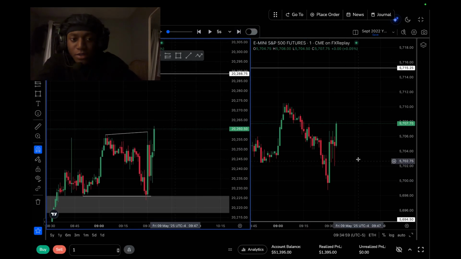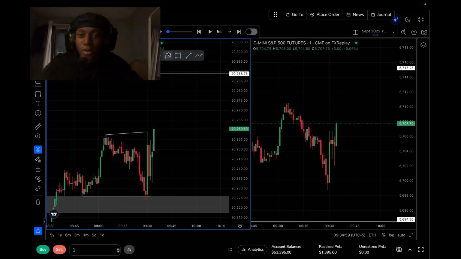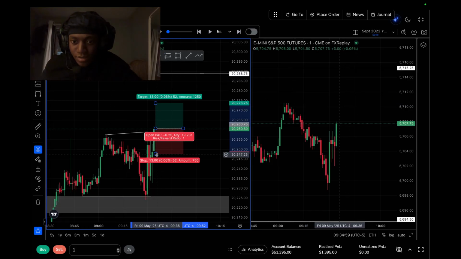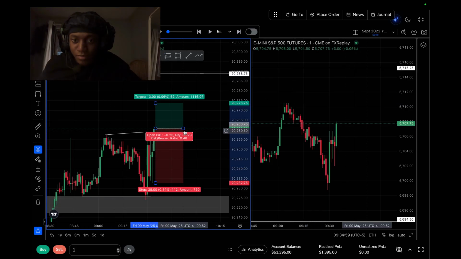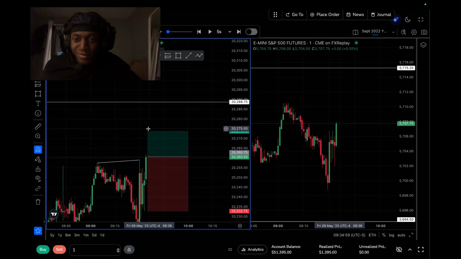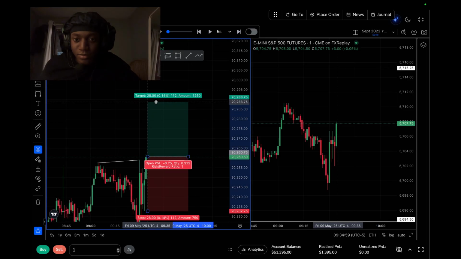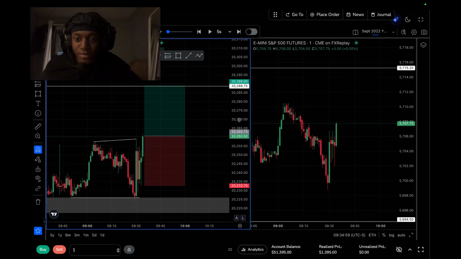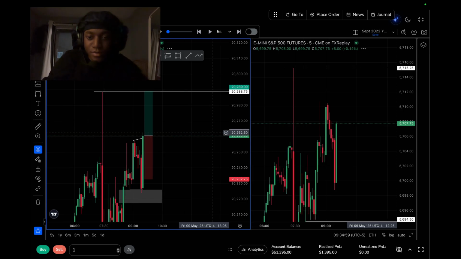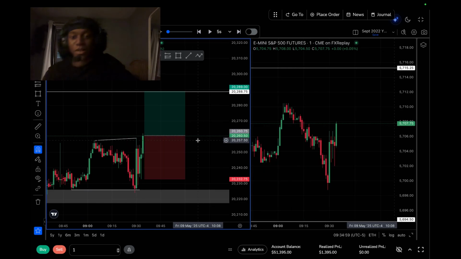Okay, we're breaking out that little range there. Again, could take something like this. I mean, there's nothing really stopping price from coming higher, so logically this should play out.